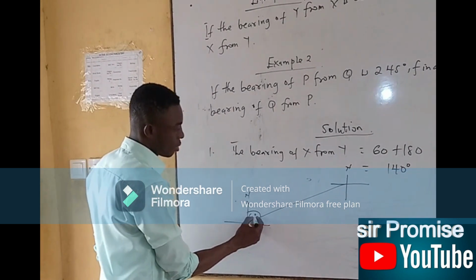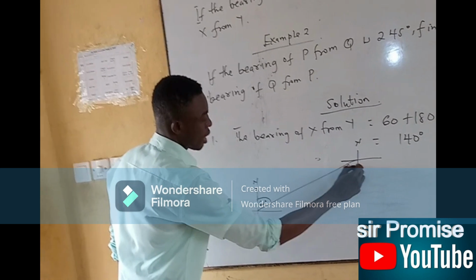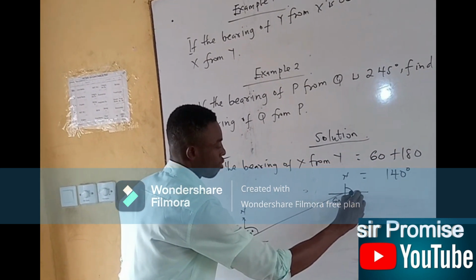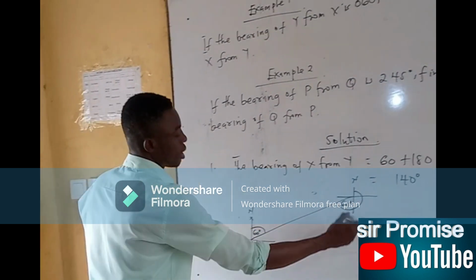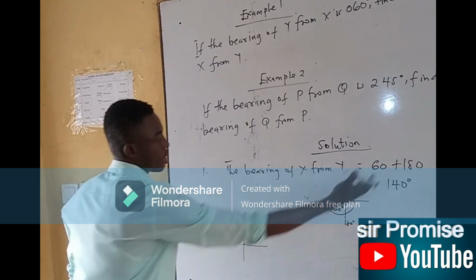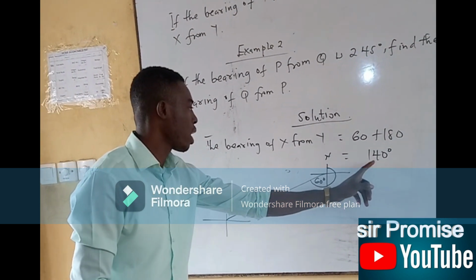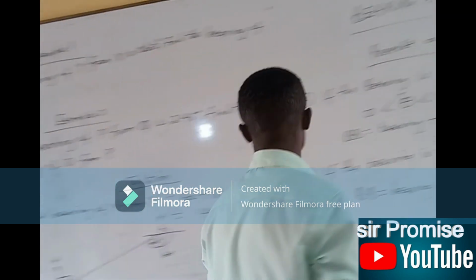So here is also 60 degrees. To find the bearing from here to there, we take the 180 we have here plus 60. That is what the rule says. So this gives us 240.